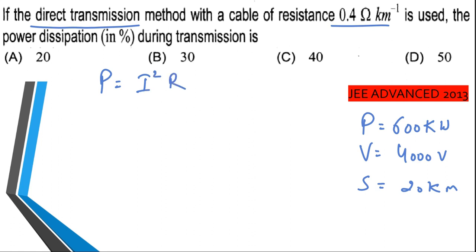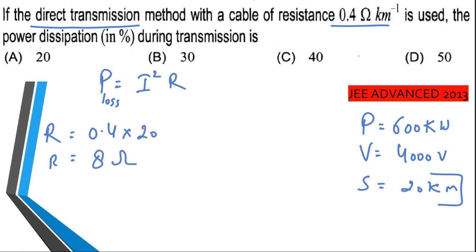Now our aim in this question is to find the current flowing through the wire and the resistance of the wire. If you look at the data, the resistance per unit length is given and the distance is also given. So we can write the resistance of the wire to be 0.4 into 20. Kilometer gets cancelled, so it comes 8 ohm. The resistance of the transmission cable is equal to 8 ohm.